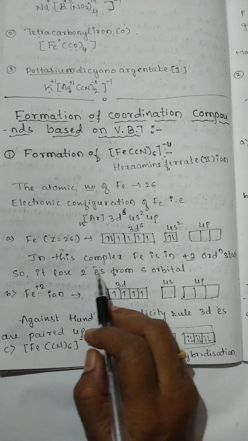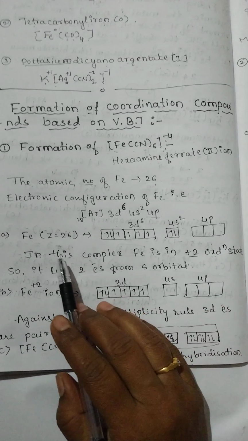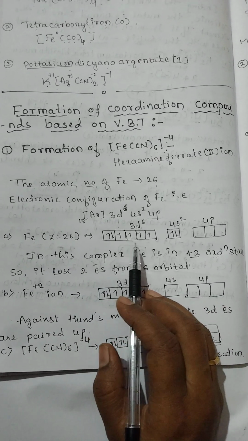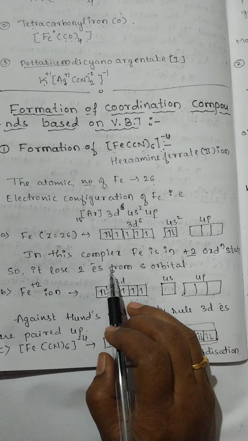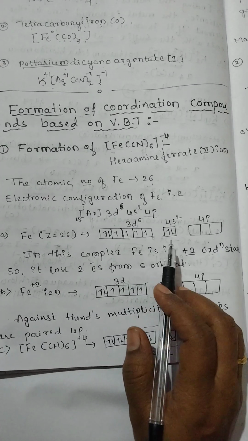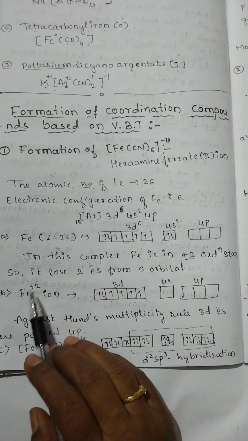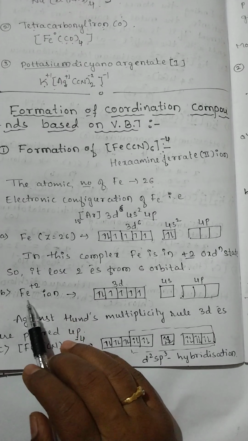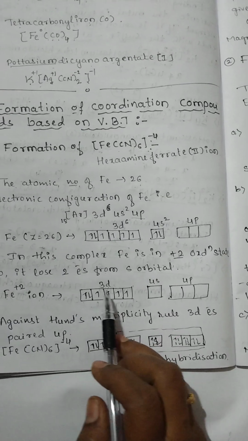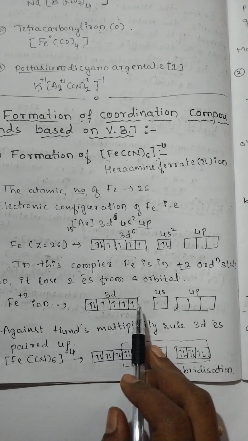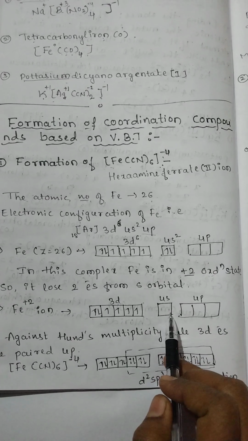So it loses 2 electrons from the 4s orbital. Now the metal has a +2 oxidation state. The 3d electrons remain as they are.